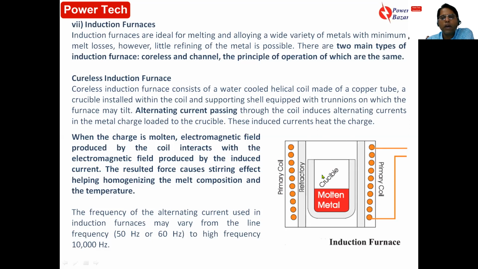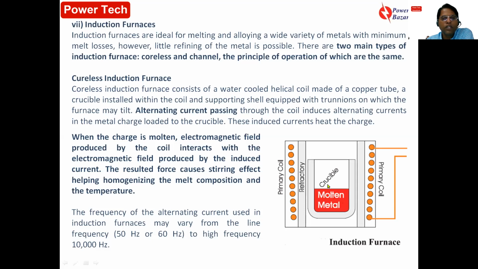Now, this electromagnetic field induces eddy current or induced current in the charge. Because of this induced current, the charge heats up and gets melted. Once the charge is melted, it also creates its own magnetic field.